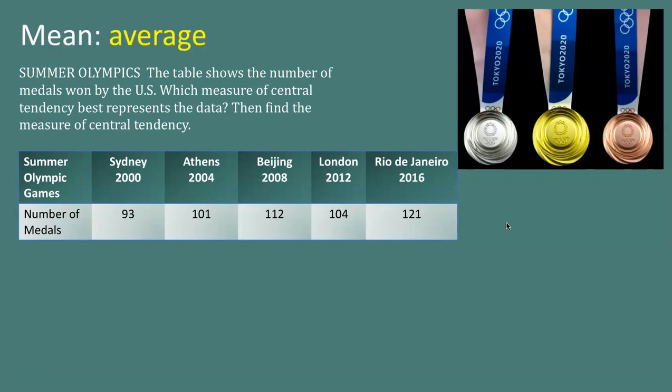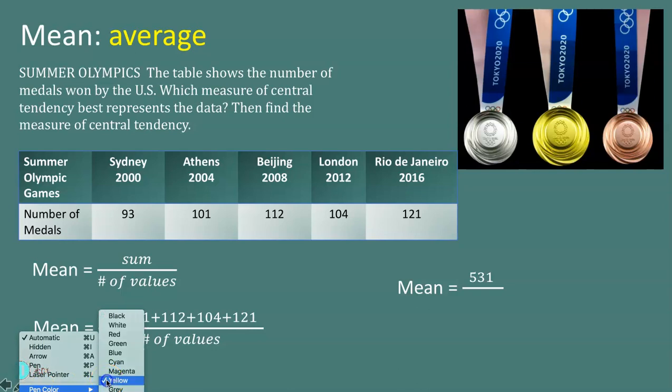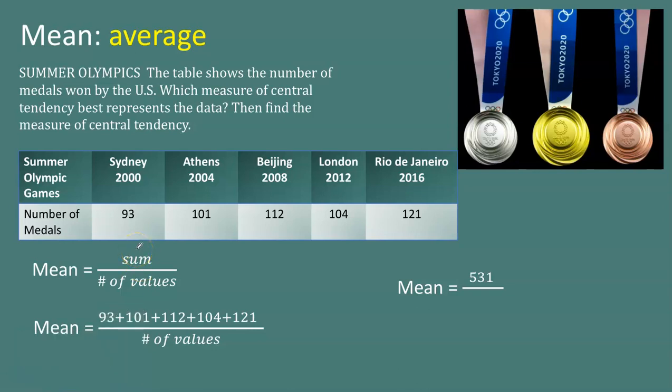We're going to find the mean, the average. The formula for finding the mean is sum divided by number of values. So the first thing we'll do is add the values. 93 plus 101 plus 112 plus 104 plus 121, and we get a total of 531. Next, in the denominator, we put the number of data values. So we're going to count those, and then I'll grab this yellow pen and we'll record it in the denominator.